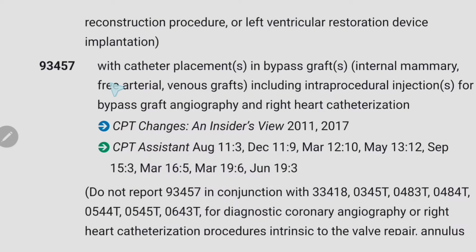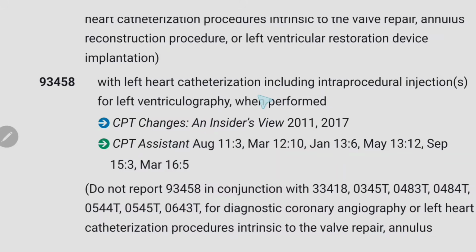Then 93457, which is for catheter placement in bypass graft, including intraprocedural injection for bypass graft angiography and right heart catheterization. So it is for coronary angiography with bypass graft, that is with right heart catheterization. 93458, which is for left heart catheterization, that is coronary angiography with left heart catheterization. Always check the parent code while coding indented code.